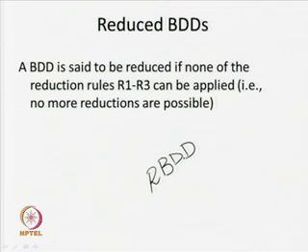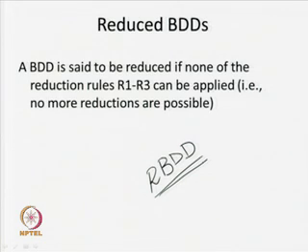Okay. So, we are having 3 rules R1, R2 and R3. If none of these reduction rules can be applied anymore, that means no more reduction is possible. At that point we are going to say that this is the reduced BDD. So, we say this is RBDD or reduced BDD. Okay. So, this is the notion.